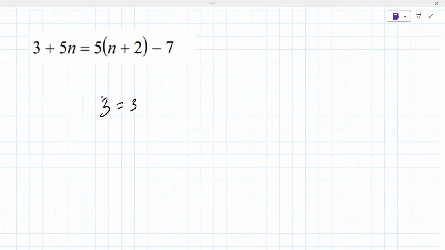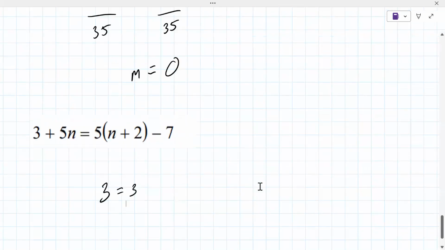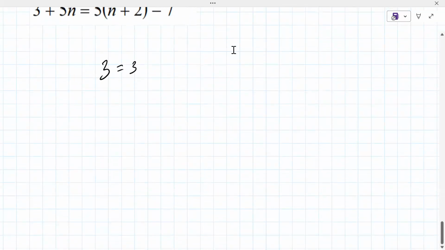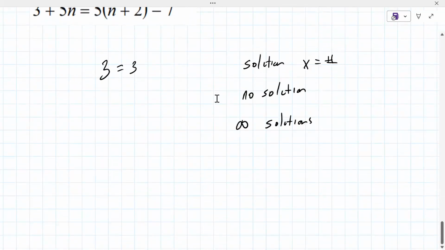What would that mean in terms of the solution? Let me go back up here in case you need to look at these. These are the three possibilities. Which would that be?